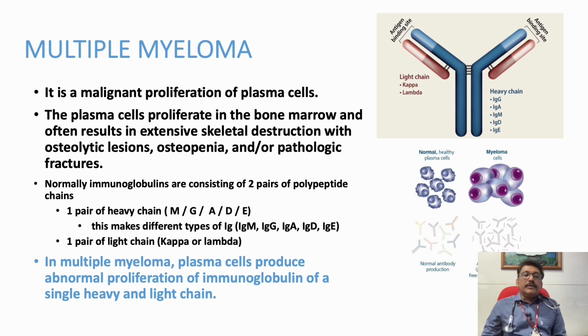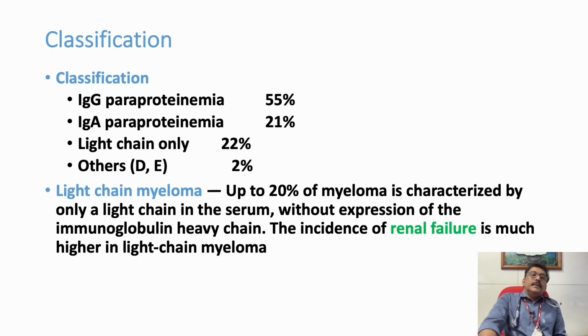So abnormal and excessive production of these plasma cells can produce multiple myeloma. Sometimes it can be heavy chain disease, sometimes light chain disease. So they are basically classified into heavy chain disease and light chain disease.